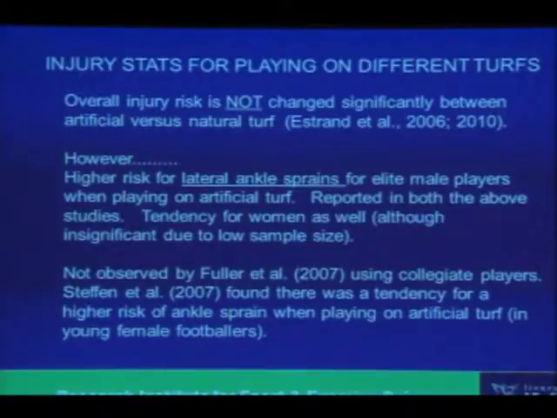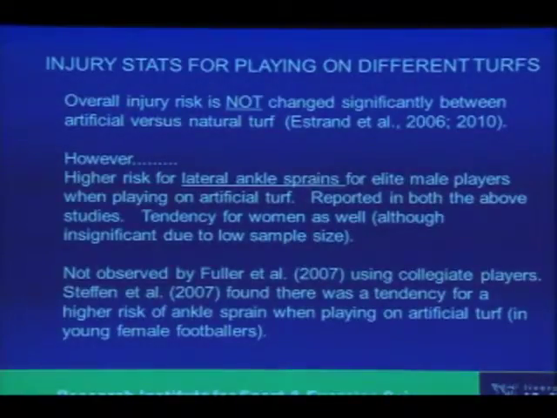What would be the stats on that? Well, if you look at the literature, there's not a lot of hard evidence on injury stats between artificial surfaces and natural turf surfaces. The ones that are out there, and there's 2 papers by Jan Ekstrand, printed in 2006, and a very recent paper, where he concluded that overall, injury risk is not different between artificial and natural turf, overall.